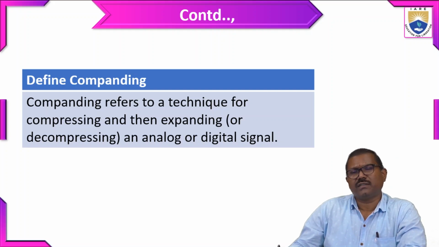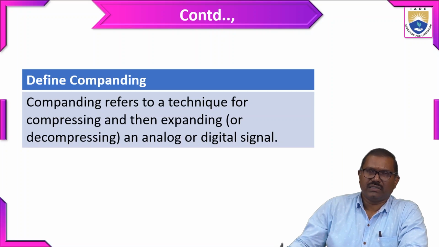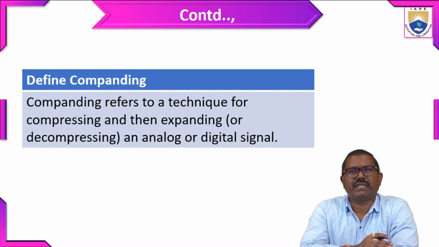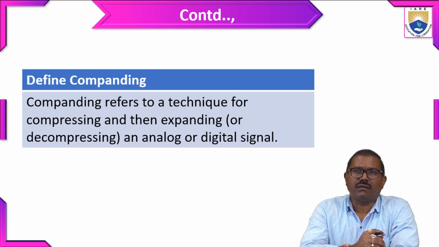Quantization is a process of converting continuous amplitude to discrete amplitude, already we know, and if these reference levels are uniformly spaced, then it can be called uniform quantization, that we also know. Where non-uniform quantization is necessary, at that time we go for compression.